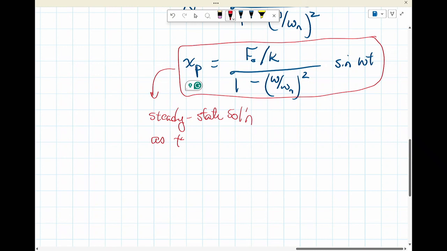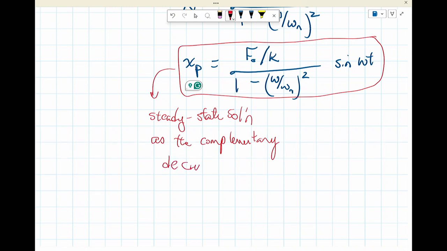As the complementary decays with time, so if in a typical case I have a damper I've applied to it, that is going to go away, and it will all depend on the particular solution that I've just solved for.